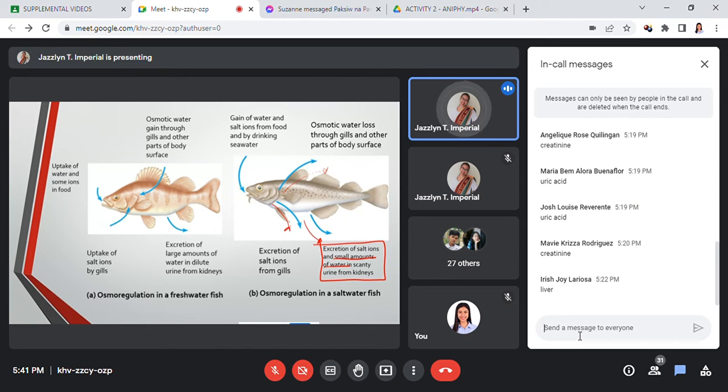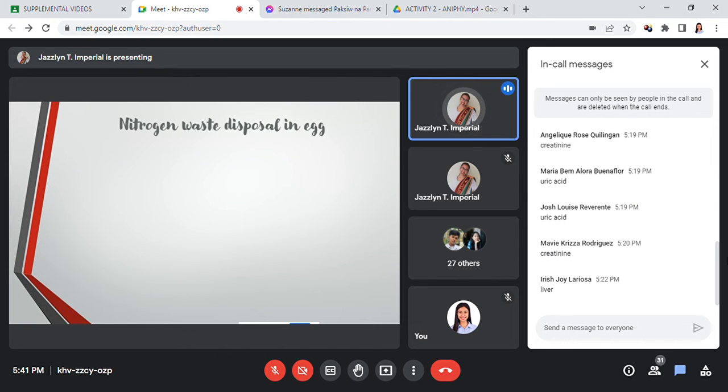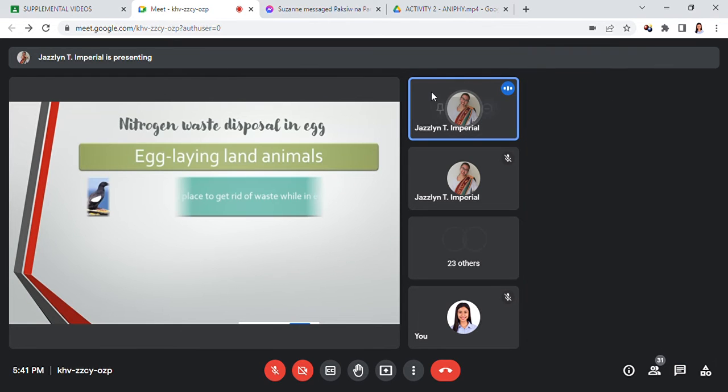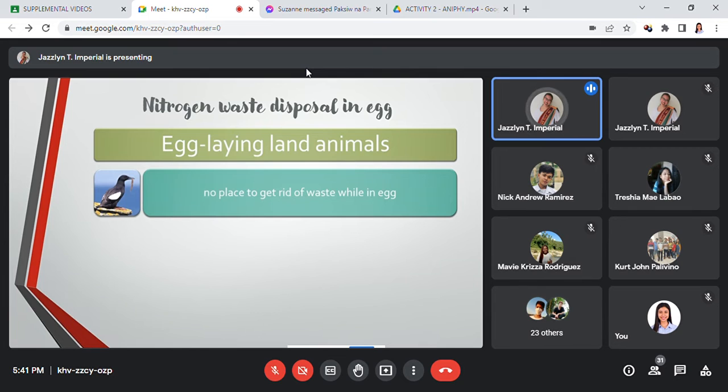The case is different, class, for egg laying animals. If you are a bird or a reptile, you are found inside a shelled egg, and you cannot get rid of waste while inside the egg.